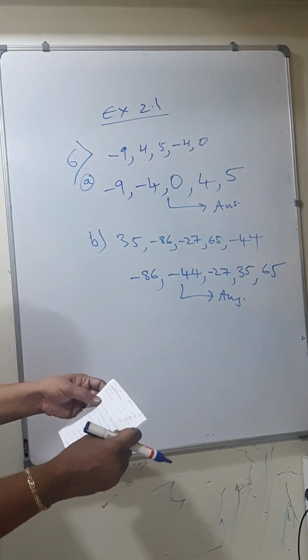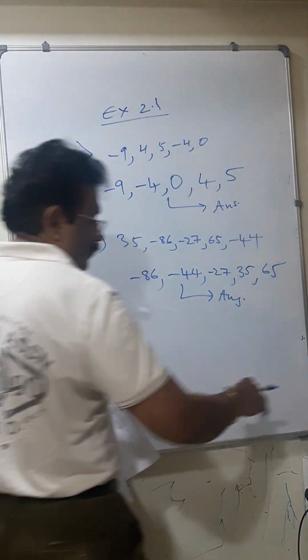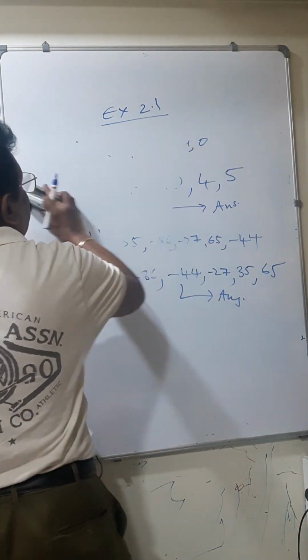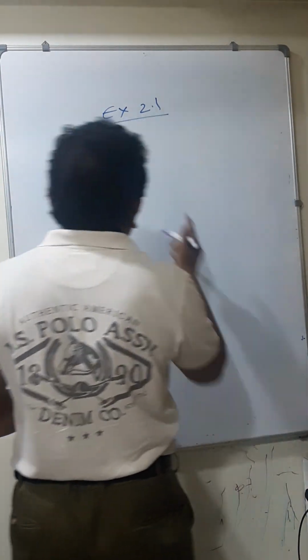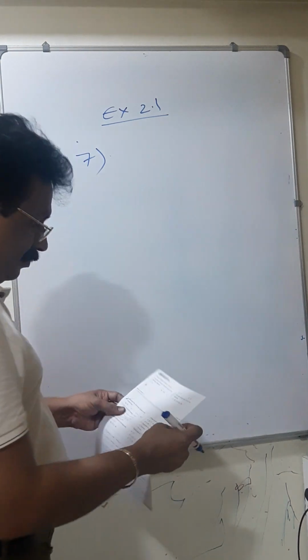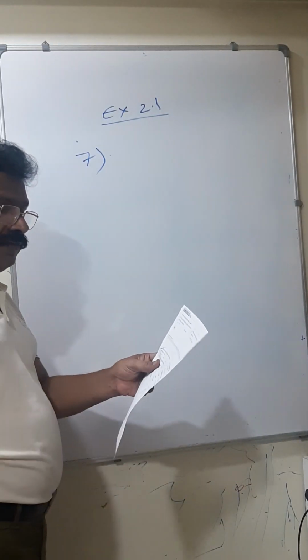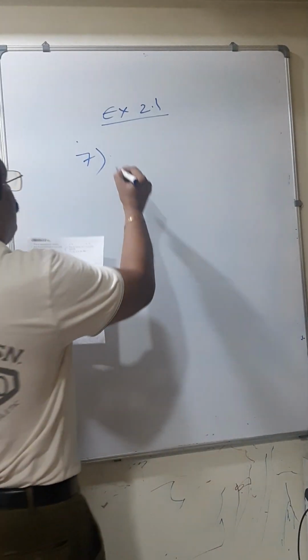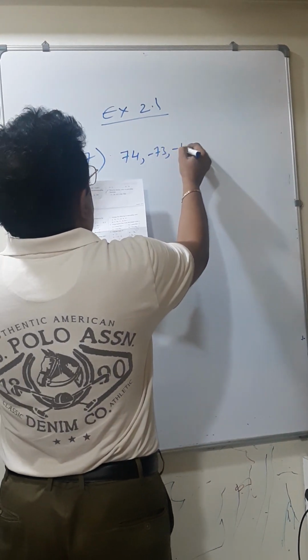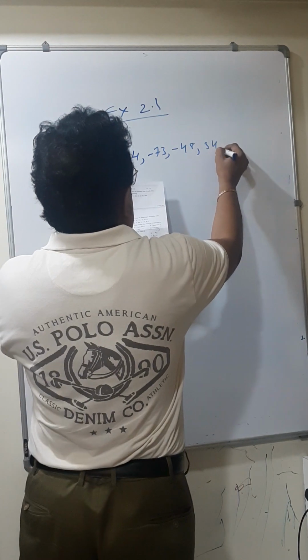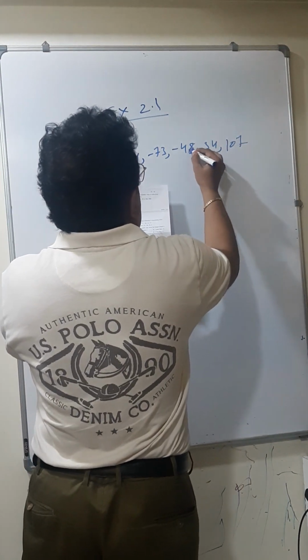Okay, finish. Now come to the 7th question. 6th भी हो गया. Coming to the 7th question, we have to arrange the following in the descending order. So the question is 74, minus 73, minus 48, 34 and 107.